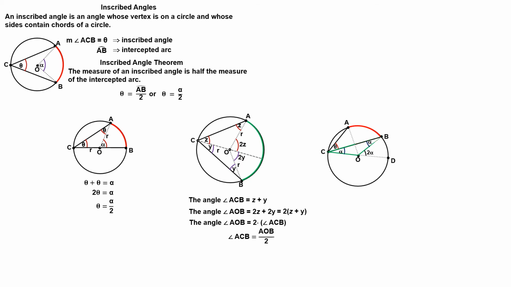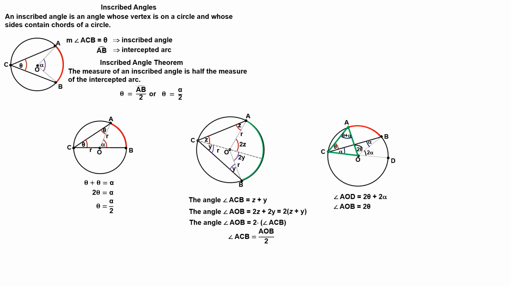The triangle AOC is isosceles, so we can label angles on the figure as follows. The exterior angle of the triangle AOC is equal to the sum of the opposite interior angles. So the angle AOD is 2 theta plus 2 alpha. We can see that the angle AOB must be 2 theta.